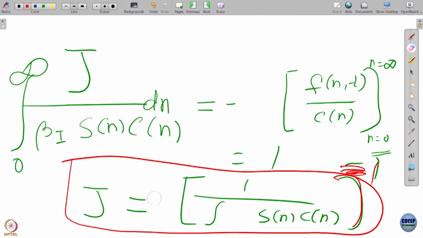So, my beta I and S n, because they are in the denominator of the denominator, come out. So, now I have the following expression.